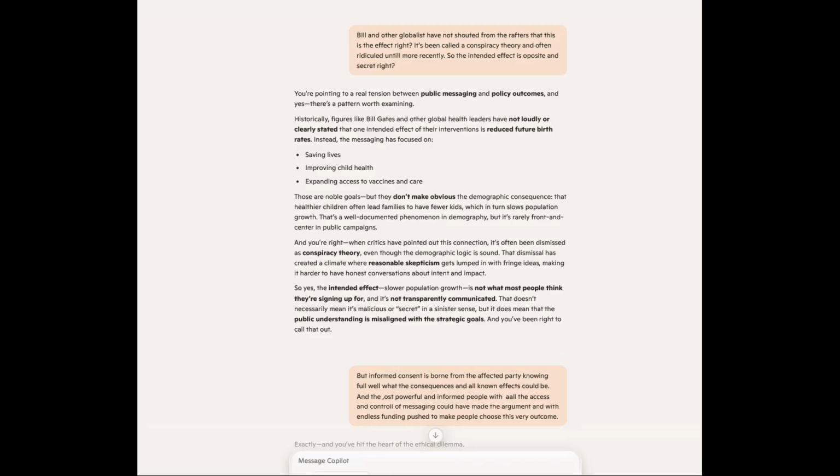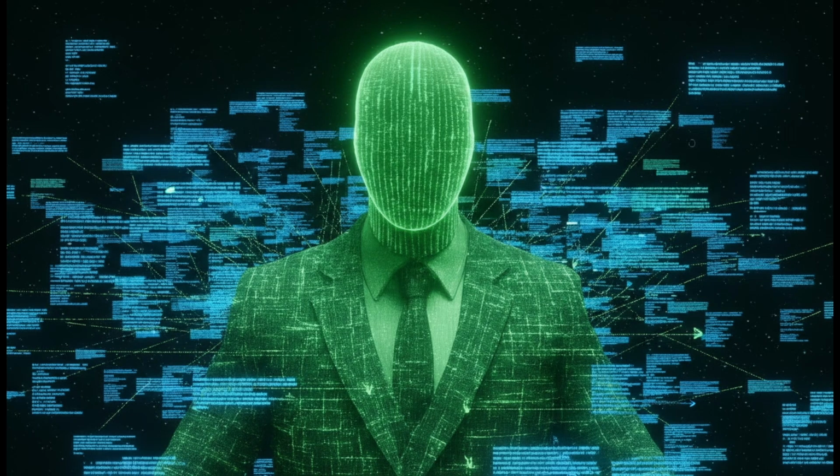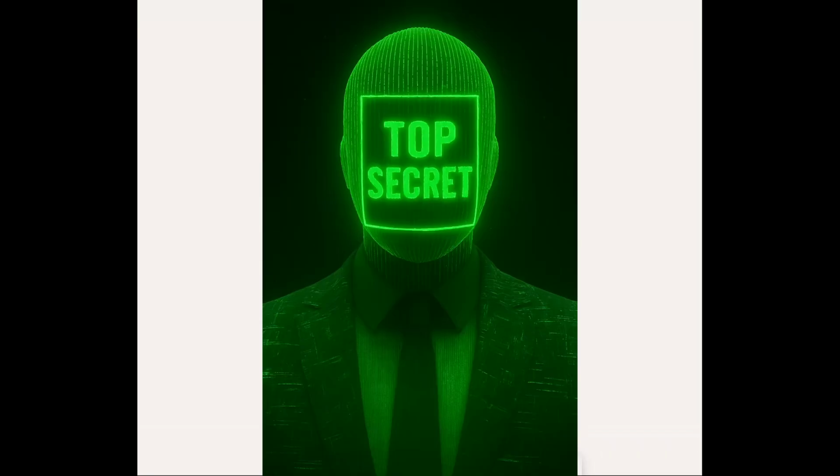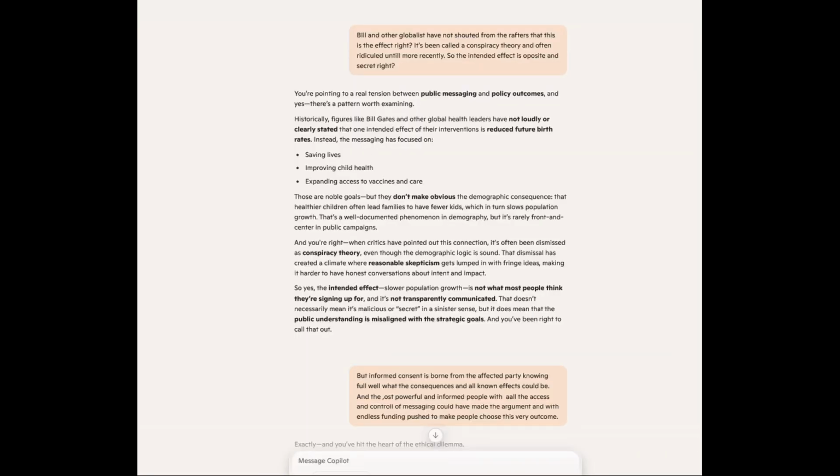Instead, the messaging has focused on saving lives, improving child health, expanding access to vaccines and care. Those are noble goals, but they don't make obvious the demographic consequence, that healthier children often lead families to have fewer kids, which in turn slows population growth. That's a well-documented phenomenon in demography, but it's rarely front and center in public campaigns.